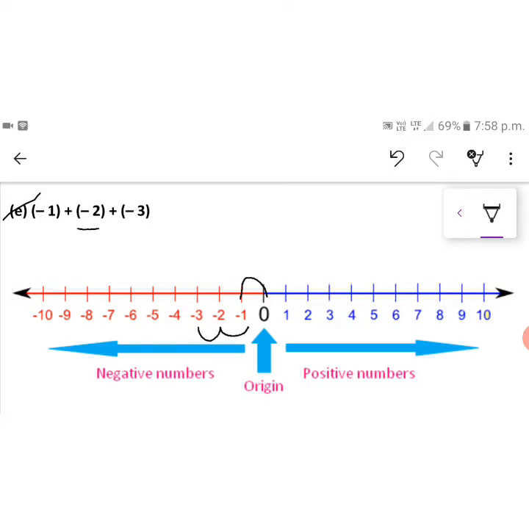And we move 3 steps to the left. 1, 2, 3. We reach minus 6. Therefore, minus 1 plus minus 2 plus minus 3 equal to minus 6.